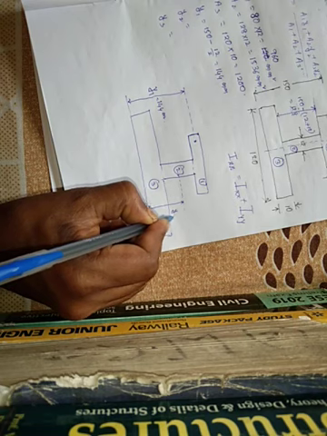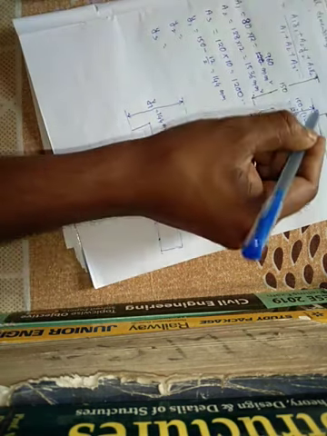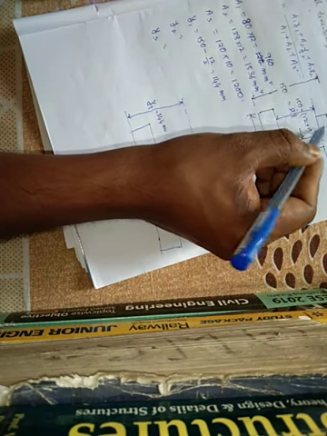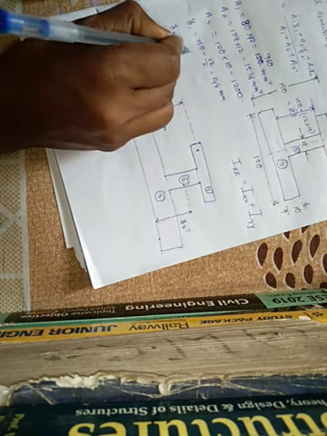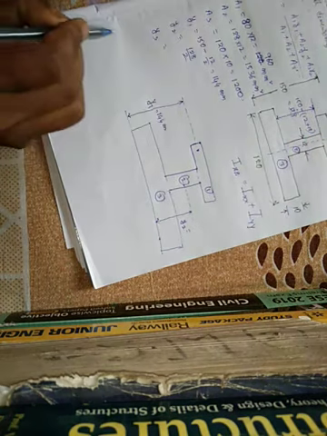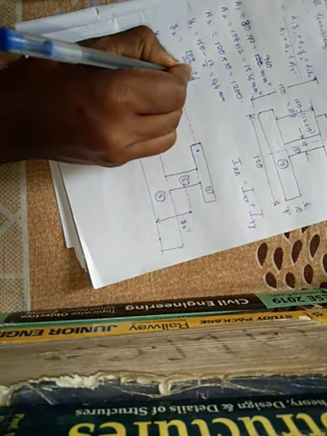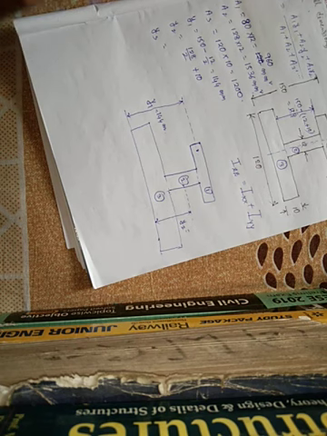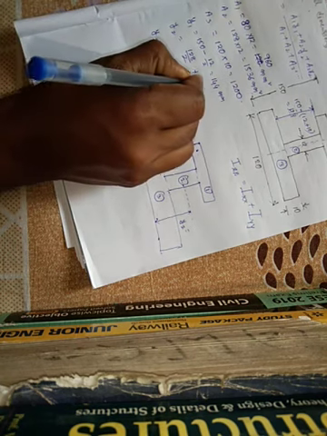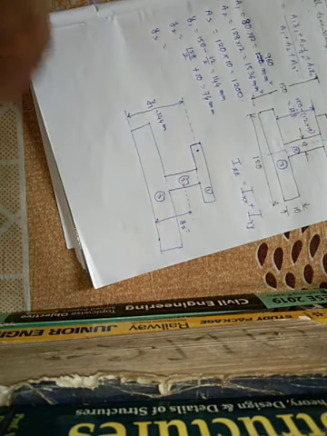The total depth of the web is 128, so 128 divided by 2 plus the thickness of the bottom flange, 10, is equal to 74 millimeter from the base of the I section.